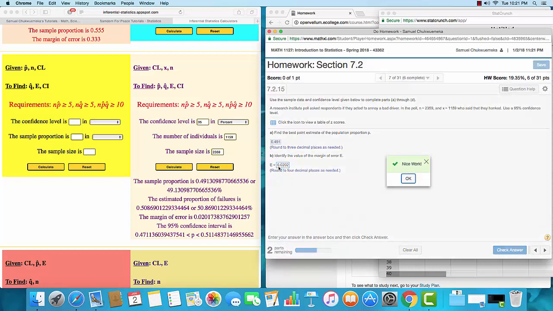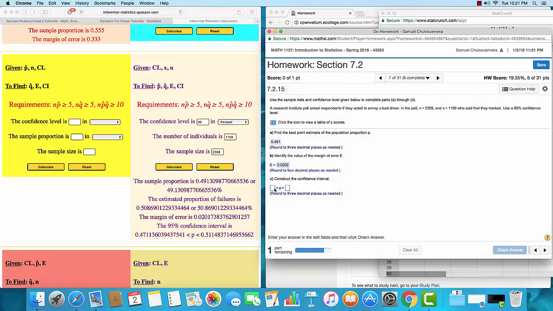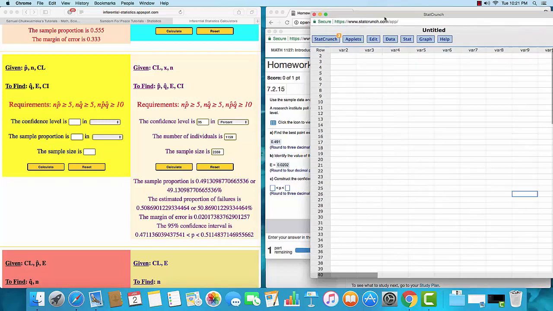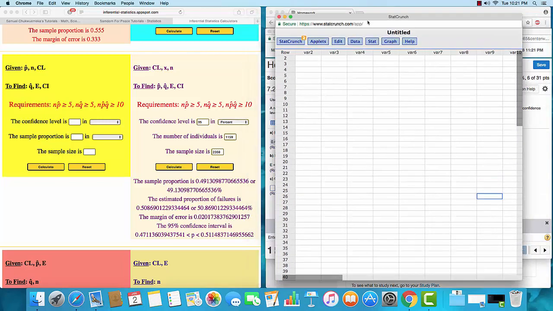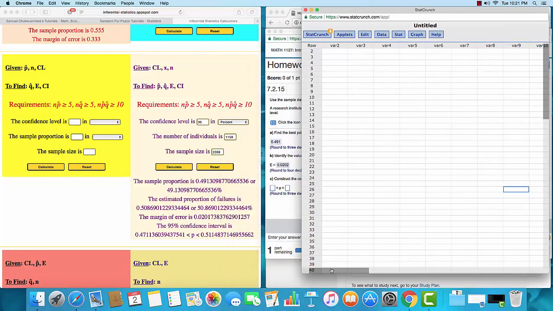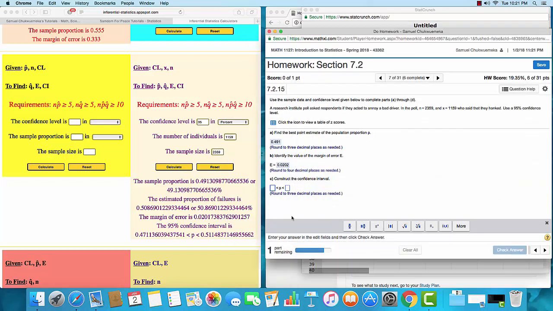And the confidence interval, in StatCrunch it is the lower limit, lower confidence limit, upper confidence limit, which is the same thing as the lower bound and the upper bound.